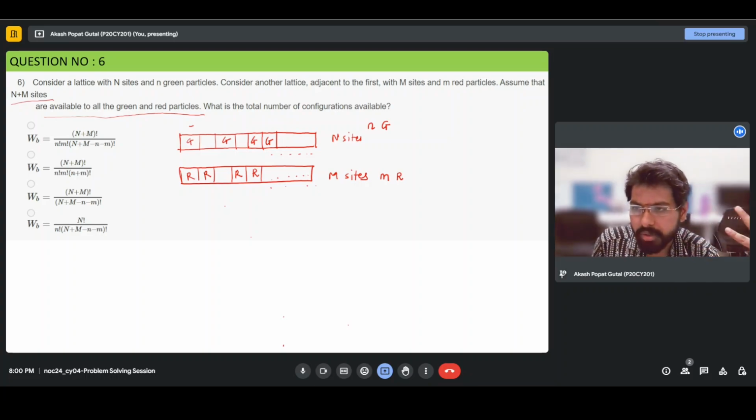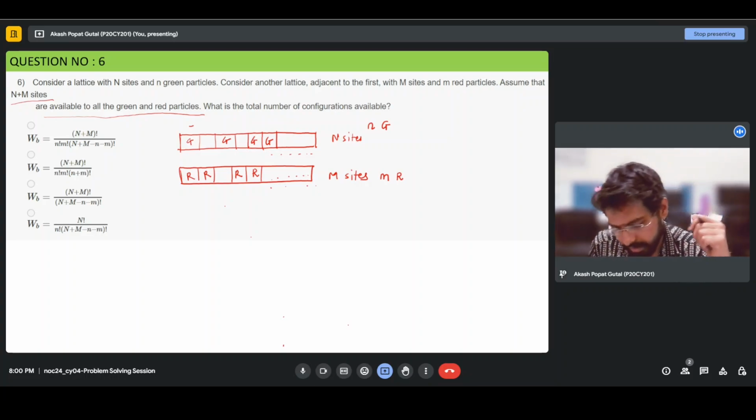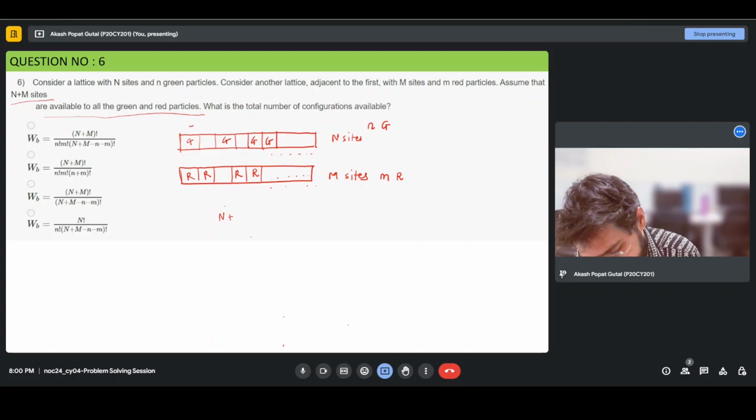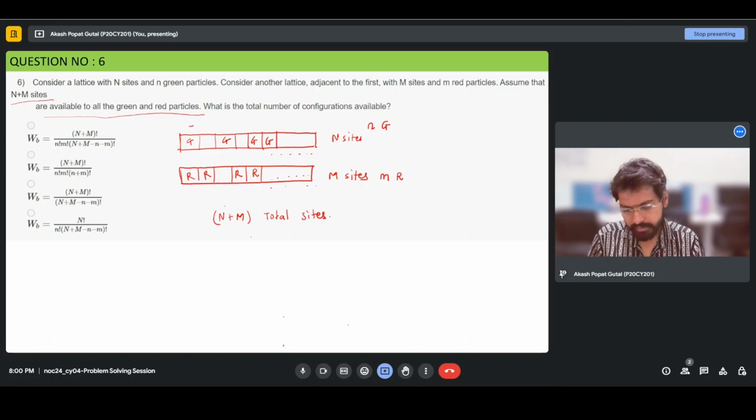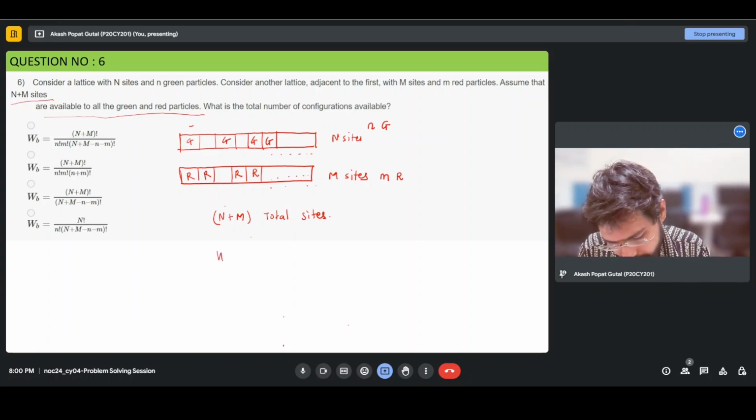So we have the total number of sites as n plus m, and we need to find out the number of microstates.